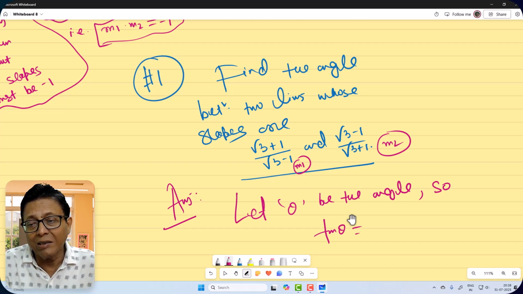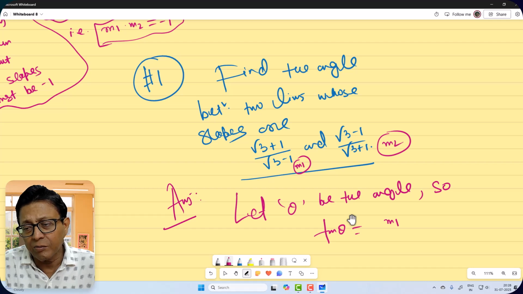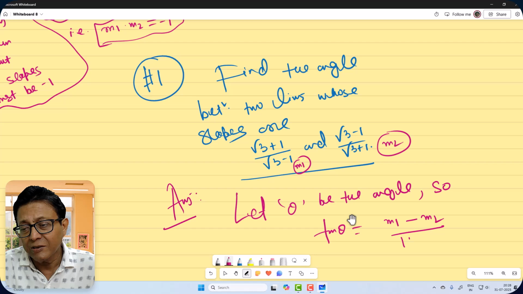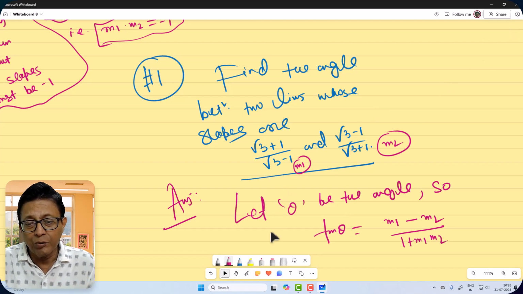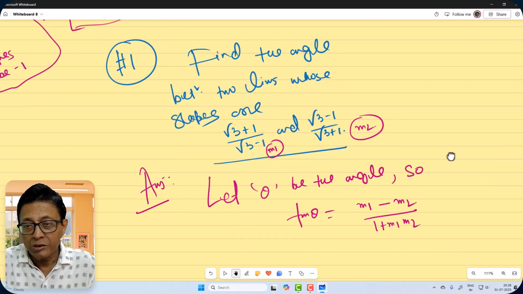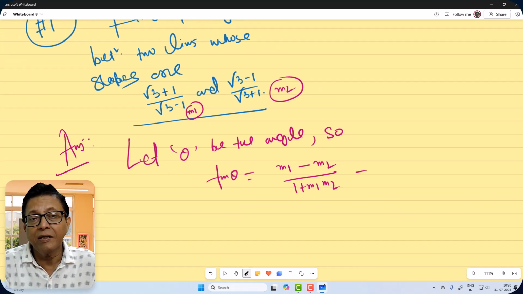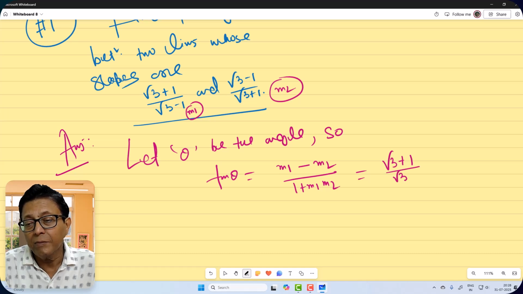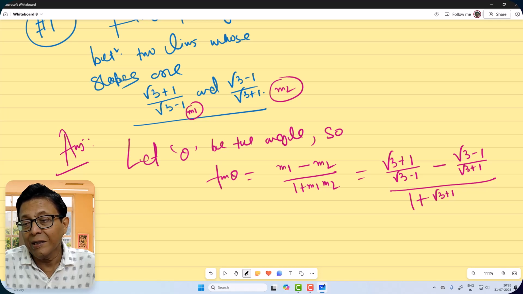You can see M1 is larger, you write simply difference or mod. By observation we found this one larger. Over 1 plus M1 into M2. Just put and simplify. Before putting also you can simplify. One plus M1 M2.